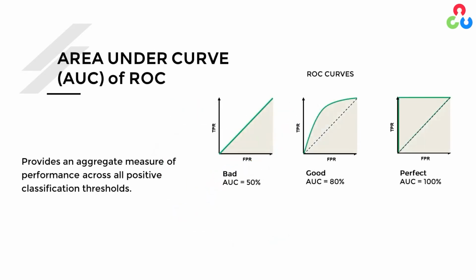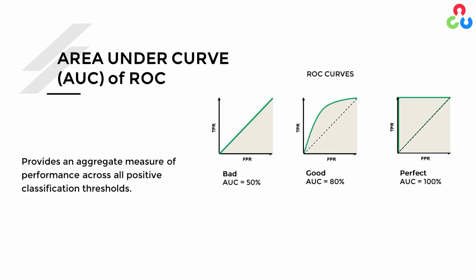AUC stands for area under the ROC curve. It measures the entire two-dimensional area under the ROC curve, somewhere in the square from 0, 0 to 1, 1. The better the classification algorithm is, the higher the area under the ROC curve.